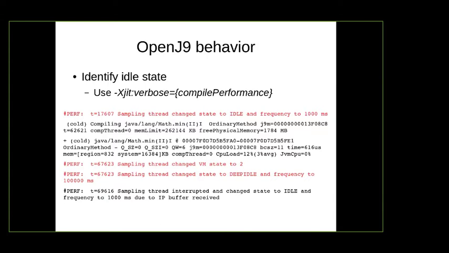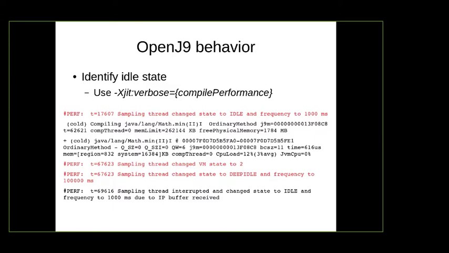To enable JIT logs, you can use -Xjit:verbose with compilePerformance as the sub option. These JIT logs will contain a lot of compilation related information, which methods are being compiled and all. In addition to that, this particular option also causes the sampler thread to emit messages when it changes its state.